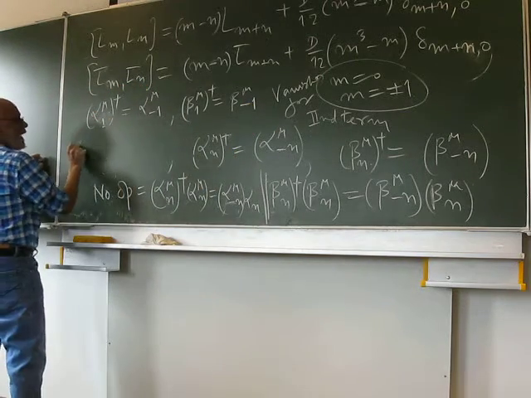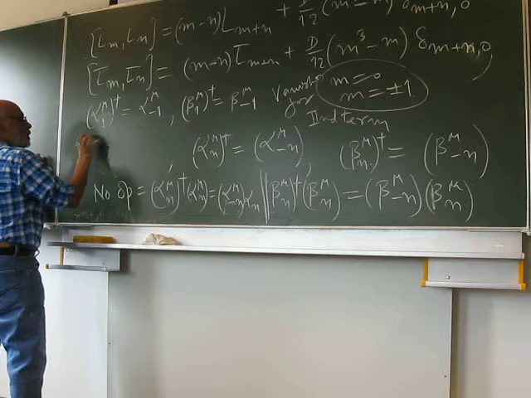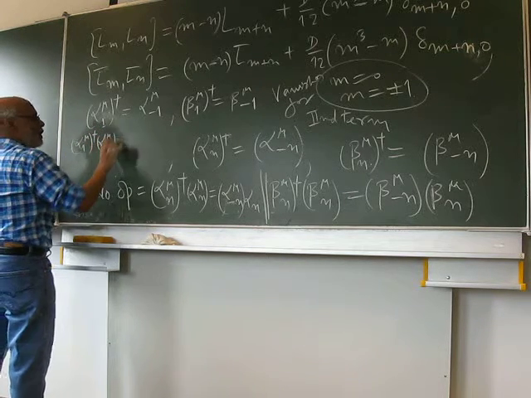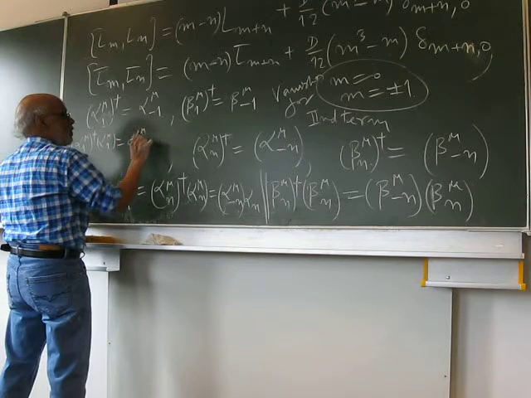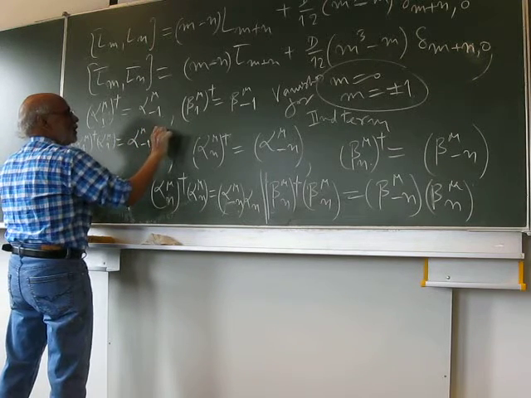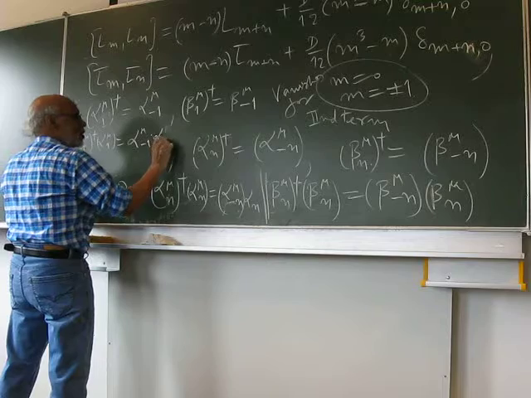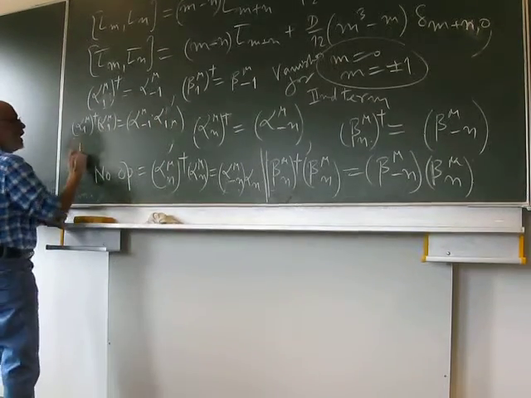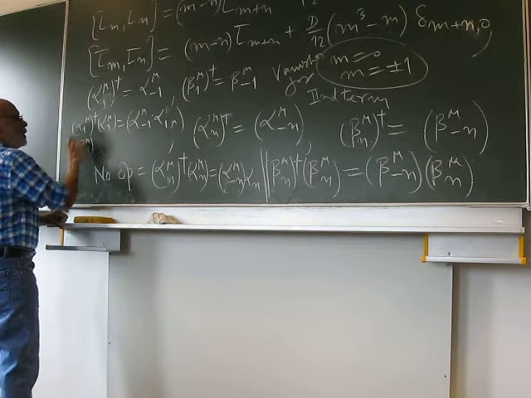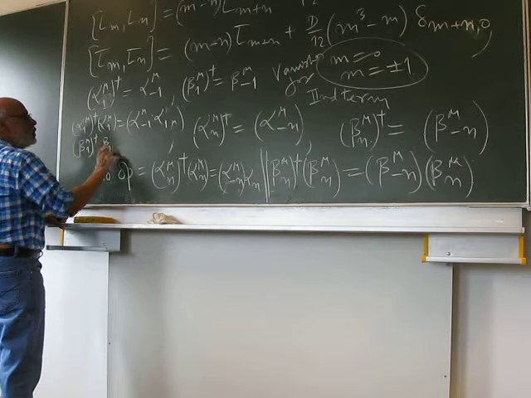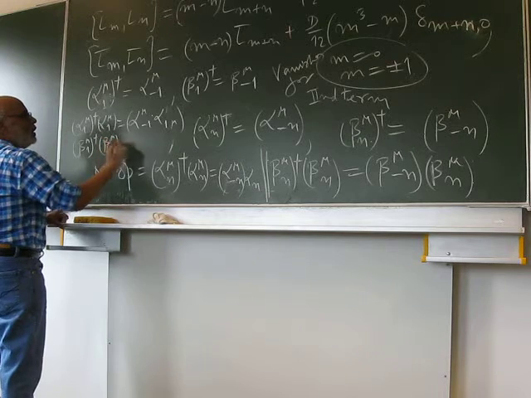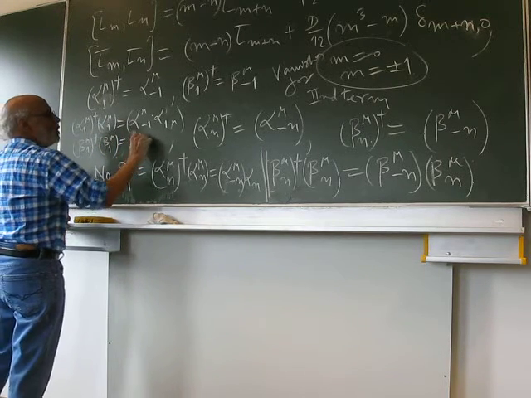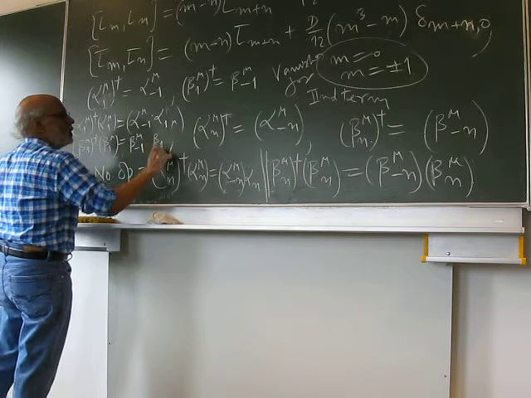So if I have alpha^mu_1 dagger alpha^mu_1, this would be my alpha_{-1} alpha_{+1}, and beta^mu_1 dagger beta^mu_1 would be beta_{-1} beta_{+1}.